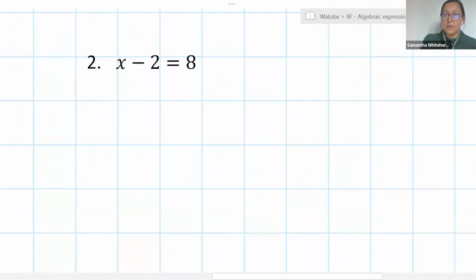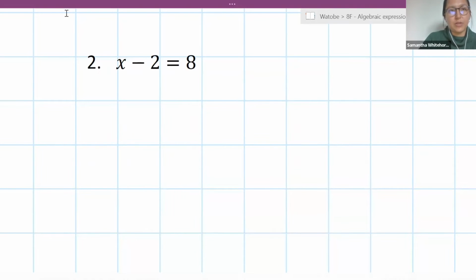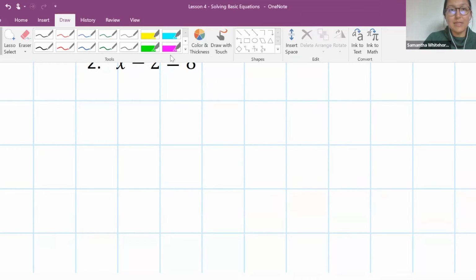Okay, so let's have a look at the second one. The operation that we have here is a little bit different. The last one was a plus. Now we've got a minus. Again, I 100% know that all of you can tell me what x is here just by looking at this equation. But let's see how we would need to do it if we were using inverse operations. Okay, so if I want to use my inverse operations here, remember the goal is to get x alone.